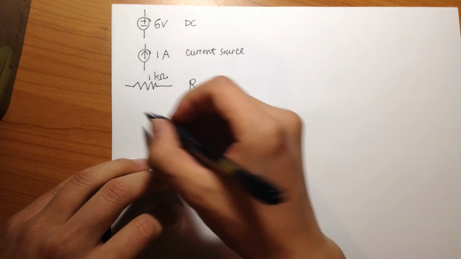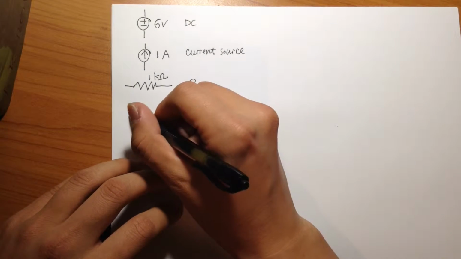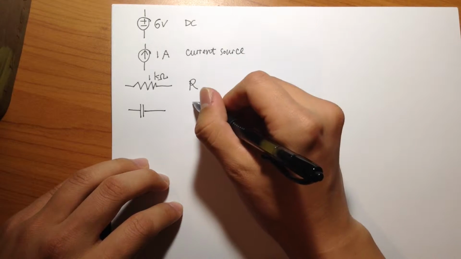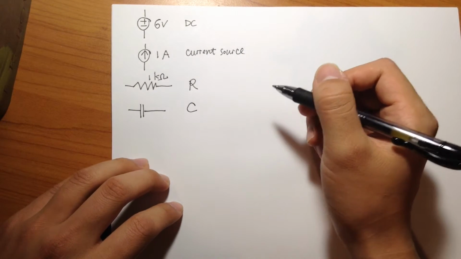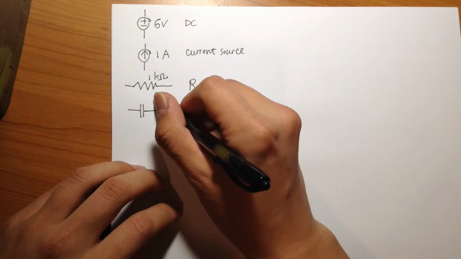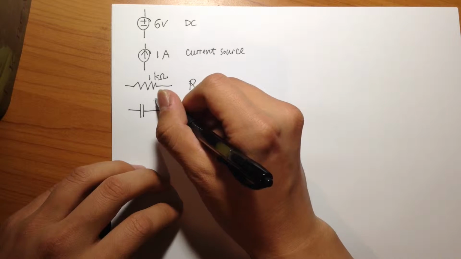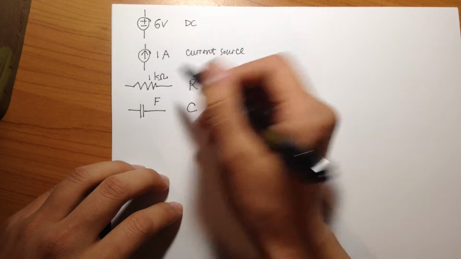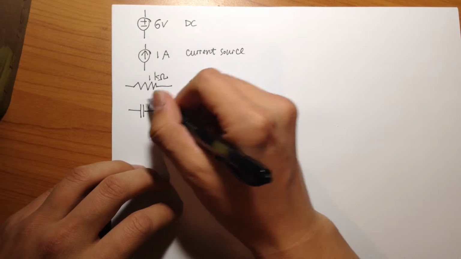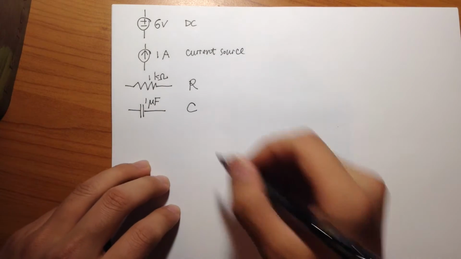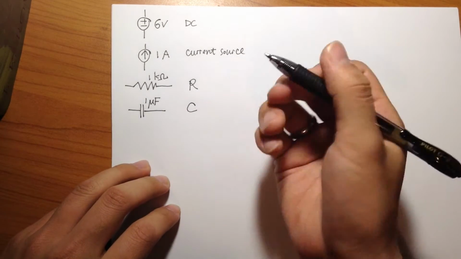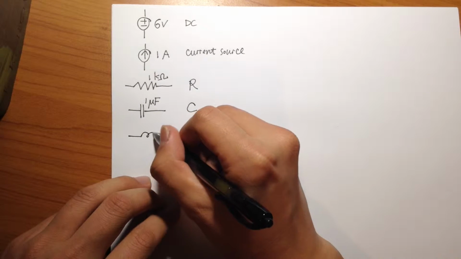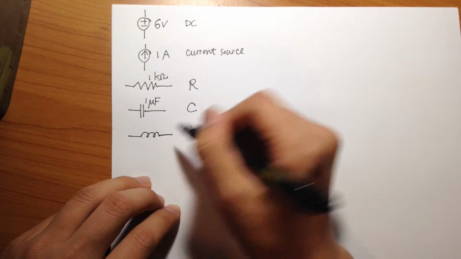And then later on, you would come across, say, capacitors. Capacitors are labeled as C, and the unit for a capacitor would be farad. Usually it's a very small number, so let's say 1 microfarad. And then we have inductors. Inductors have the letter L, and it would be these circular lines.